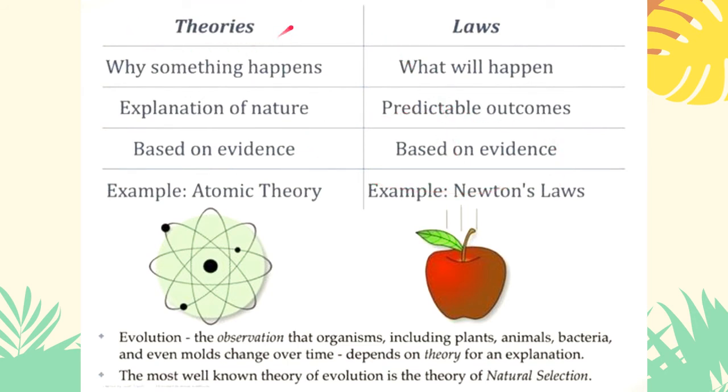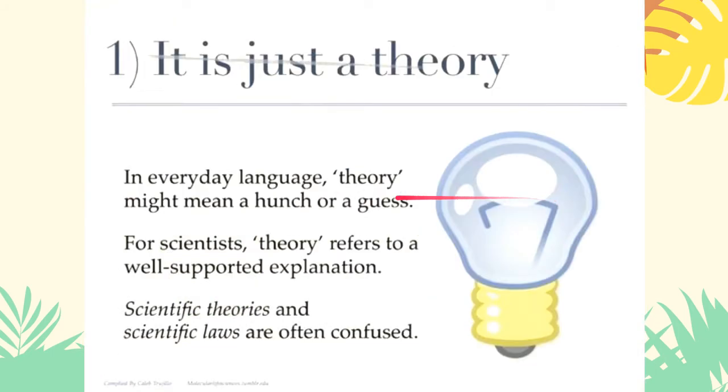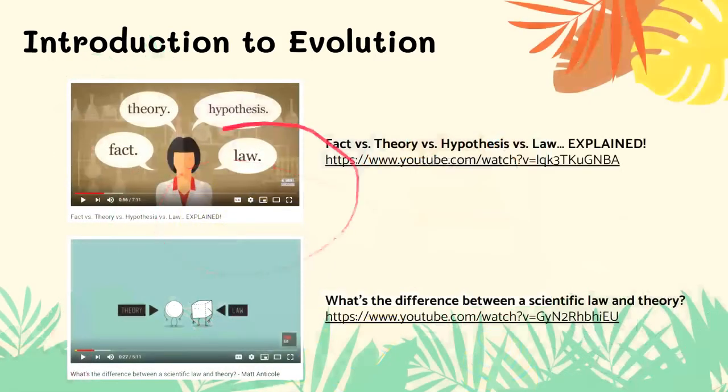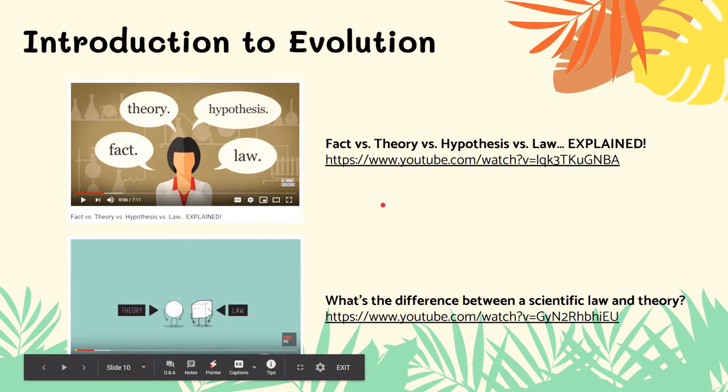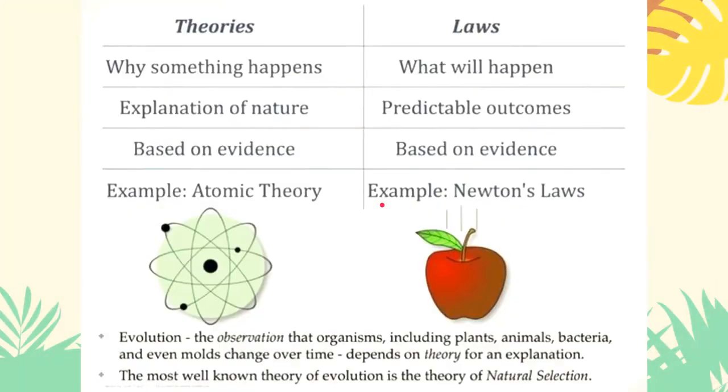So theories explain what happened in the past and what could happen in the future based on evidences. Laws will predict outcomes based on existing parameters. So they talk about different things. So again, watch these videos. It will explain everything that I'm trying to say.